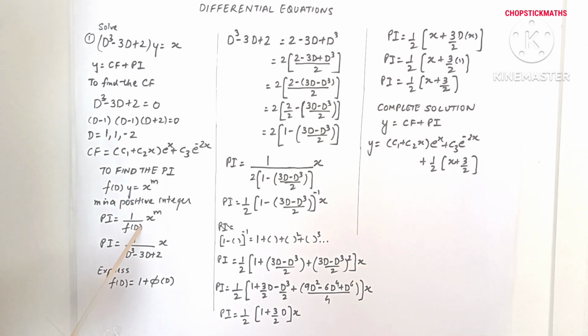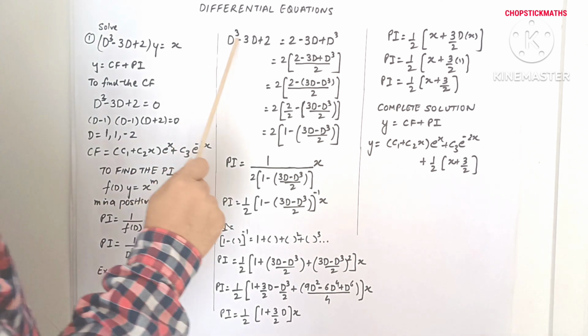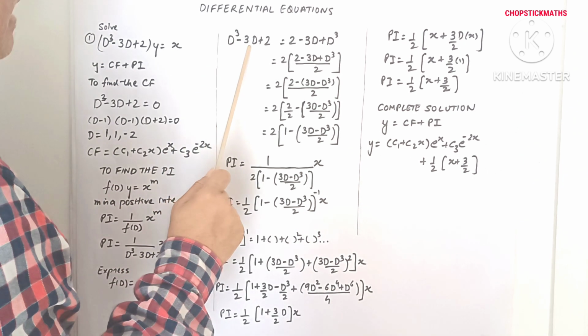Now this f of D, you have to express it in the form of 1 plus phi of D, that is 1 plus some function of D. So let us express this D cube minus 3D plus 2 in the 1 plus phi of D form. So we can write here D cube minus 3D plus 2.